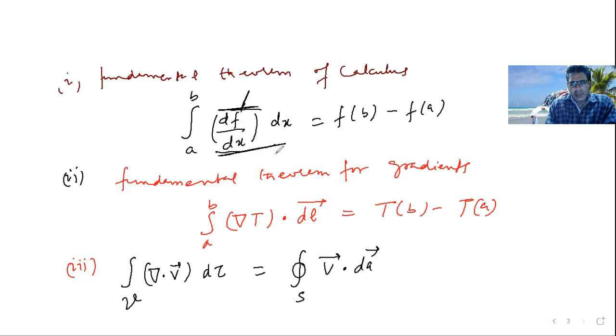So it has a pattern. Try to understand it. Now we will do an example to verify this fundamental theorem of divergences. That will clear things for you. So I have an example for you. I will solve that, and try to understand.